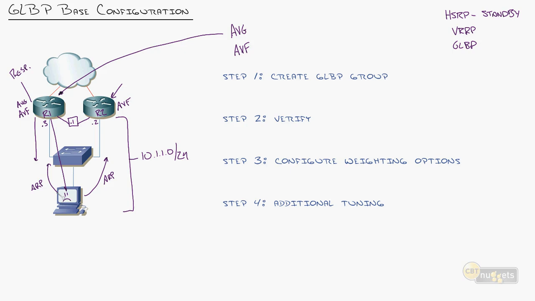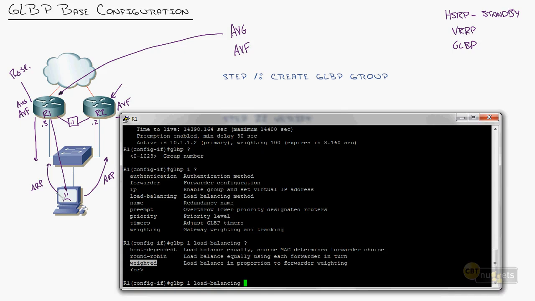So it's kind of a roll of the dice, but we're just trying to play the proportion game. If I've got 60% of the ARP requests, 60% of the users going to one versus the other, it's generally going to load balance a little better, where router 1 gets the bulk of the load. So you can weight those however you want. That's the load balancing options that we can configure.